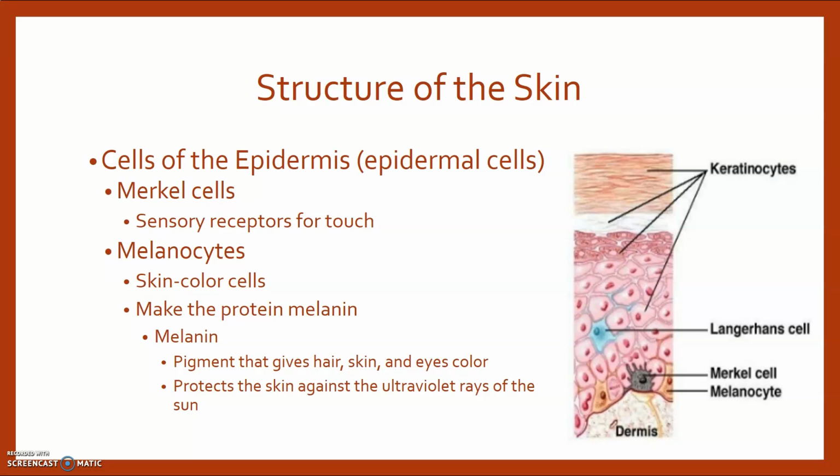Melanin is also important because it helps to protect the skin against ultraviolet rays of the sun. So the more melanin you have, the darker your skin color will be, and that also means that you have greater protection against those harmful UV rays.